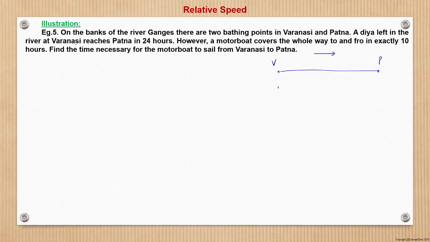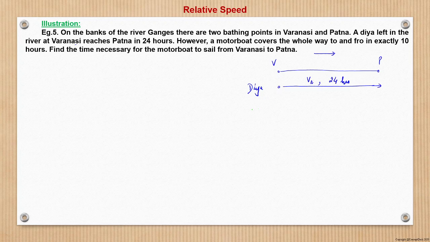So the diya goes from Varanasi to Patna in 24 hours. What is the speed? Speed will be nothing but the velocity of the river. At this speed, the diya reached here. Whereas a motor boat covers the whole way to and fro in exactly 10 hours.